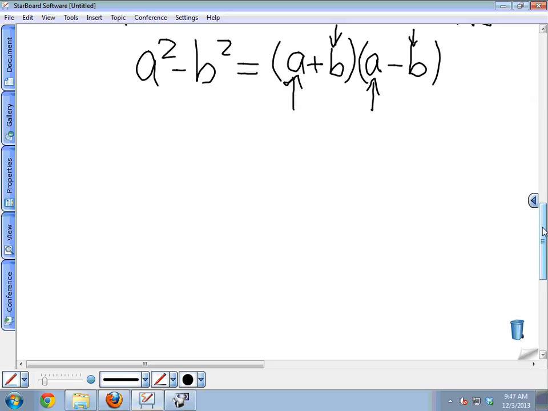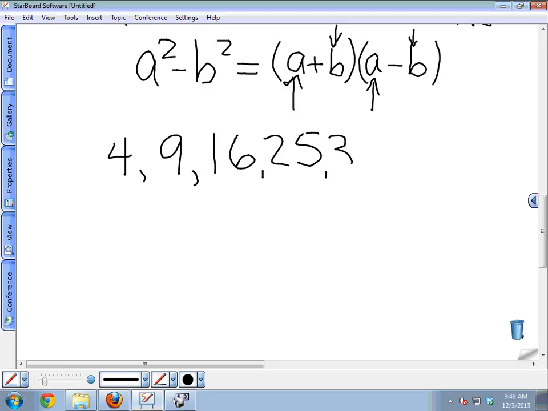okay? You know that if I have 4, 9, 16, 25, 36, 49, that all of these integers are perfect squares, aren't they? Okay? They are perfect squares because they are a number times itself, right?